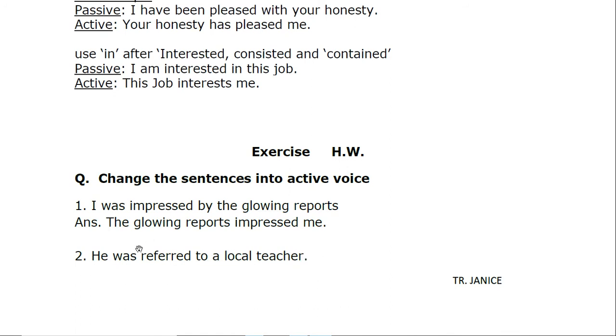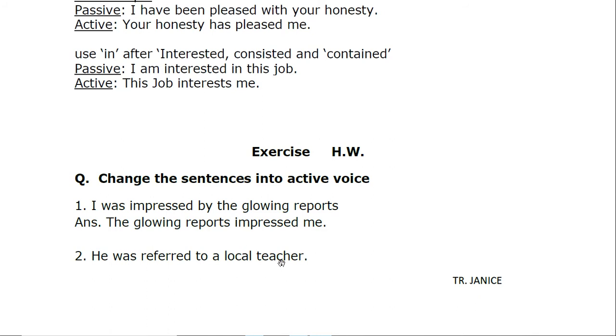See, this is your action. Was referred is your action. Now, who referred? Is it told? No. Who gave him the reference? Somebody gave the reference to this fellow, and to a local teacher is the rest of the sentence.